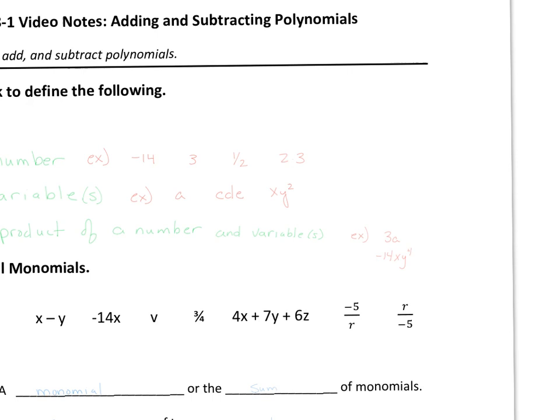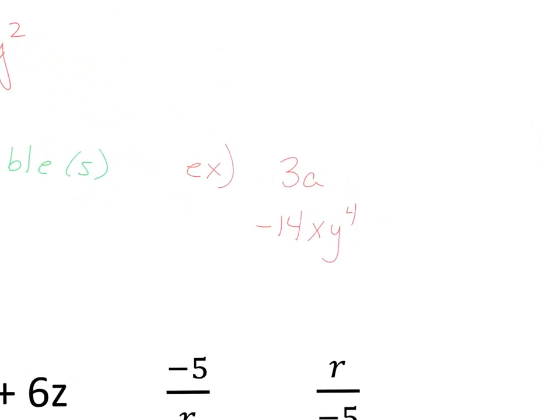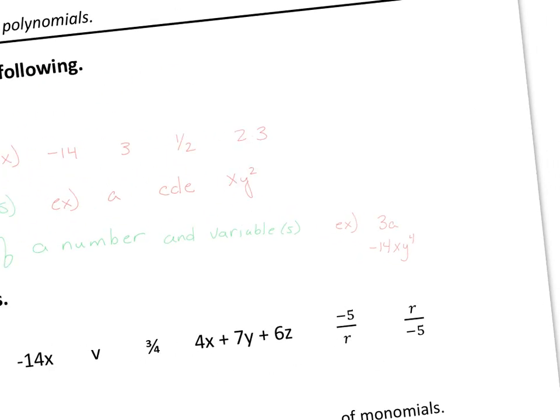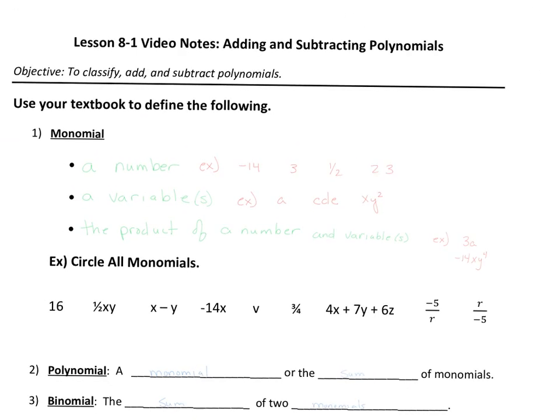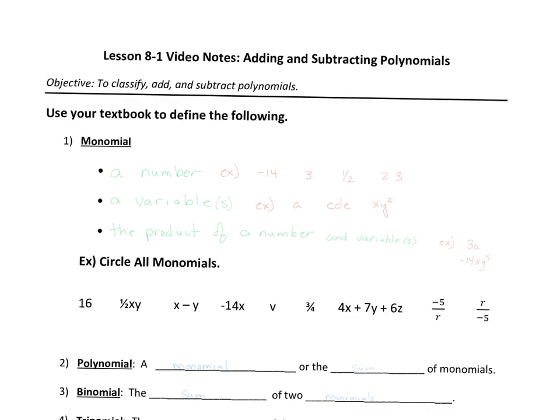So some examples would be 3 times A, -14xy to the 4th. All of this is multiplication of numbers and letters, and that's pretty much what a monomial is. Mono just means there's only one section, and we're going to talk about what binomial and trinomial mean in a minute.